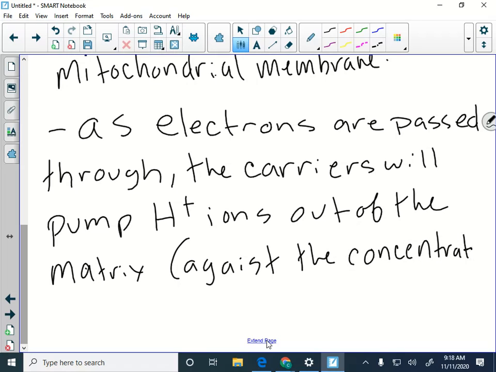So when we talked about diffusion, usually things want to go from an area of high concentration to an area of low concentration. But as we are using this energy in the electron transport chain, we are going to pass things from low concentration to high concentration. We want to get all of those hydrogen ions out of the matrix.